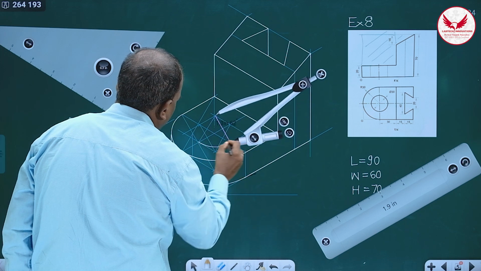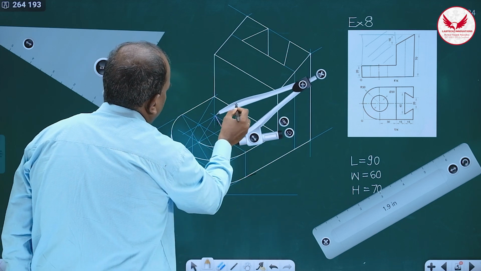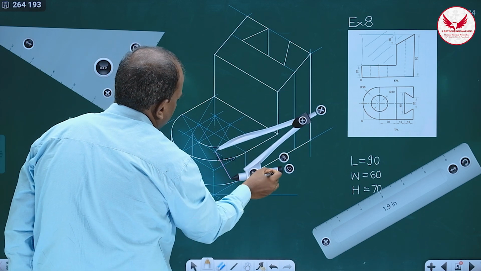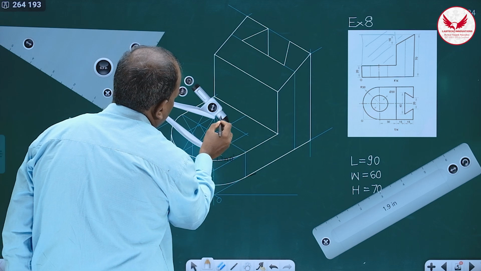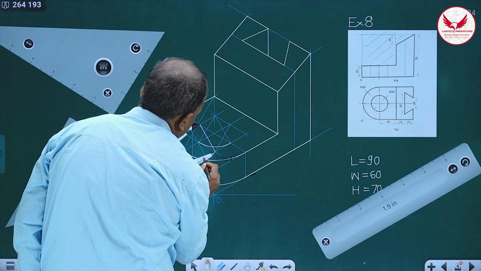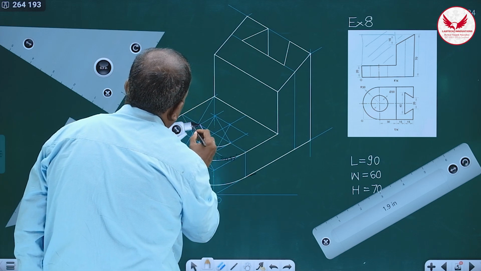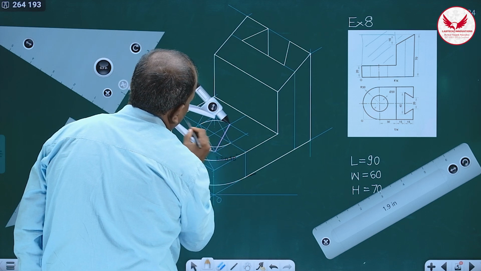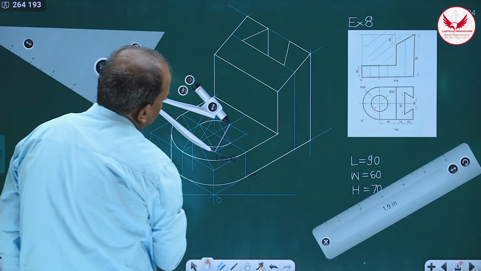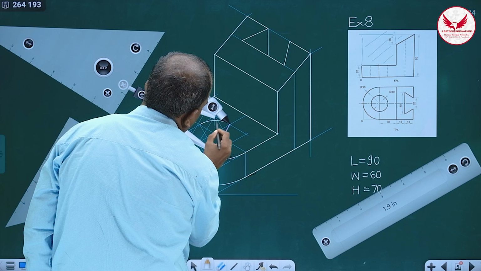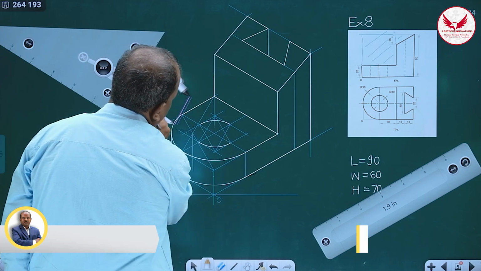From this midpoint to this midpoint, one arc. Then with the same radius only, you have to shift the center. We have to keep the compass properly on the center, so that is very important. From this center to this center, with the same radius only, you can draw this portion.